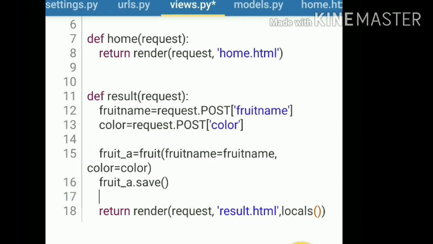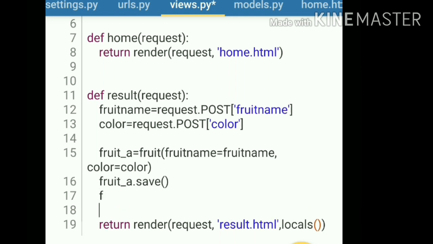So that's why we are going to fetch all the data from the tables. To fetch the data, we just run a simple command. Firstly, I'm going to take all the data inside our fruits variable, and after that we just have to give the name of the class, or the name of the table, then objects, and then we are going to put all the data from the table.